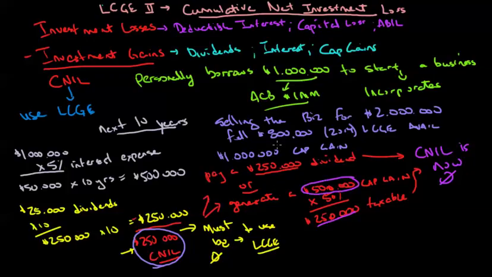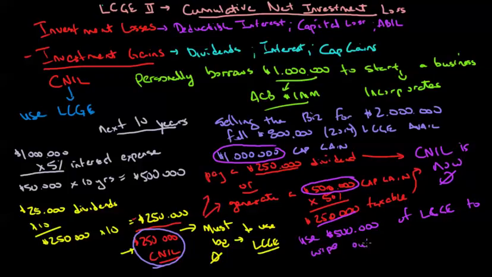Keep in mind they had a $1 million capital gain in total. So now they could use $500,000 of their lifetime capital gains exemption to wipe out, or sorry, to wipe out their remaining $500,000 of capital gains. And then they would still have $300,000 of lifetime capital gains exemption available.